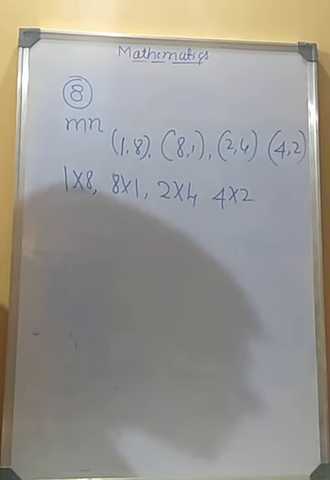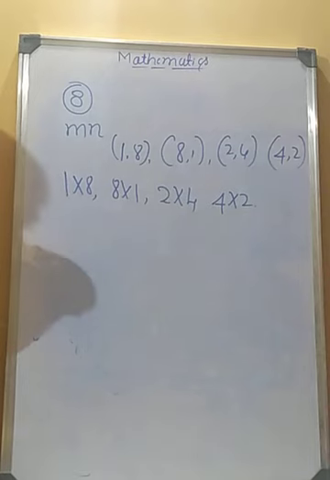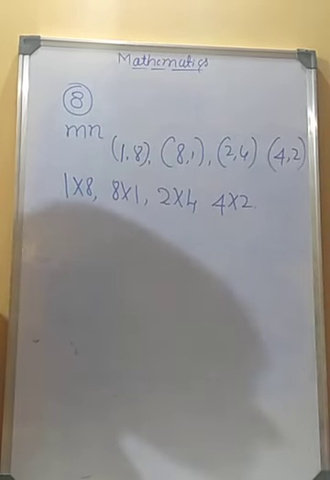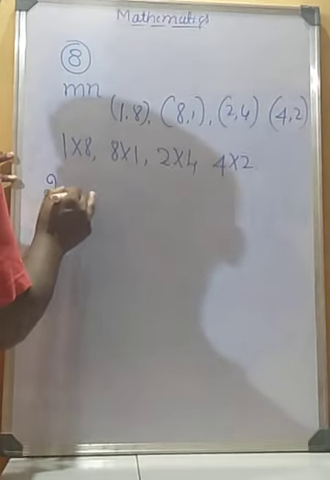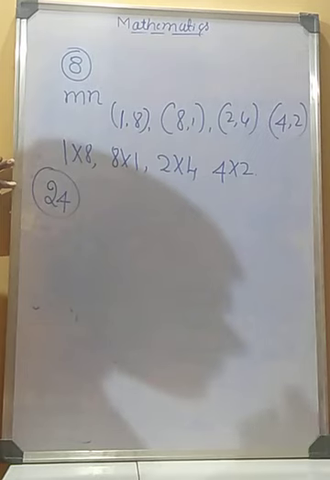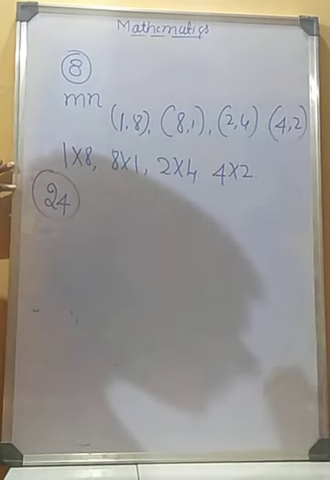Similarly, if a matrix has 24 elements, what are the possible orders it can have? 24 elements are there in that matrix. How many possible orders can it have?